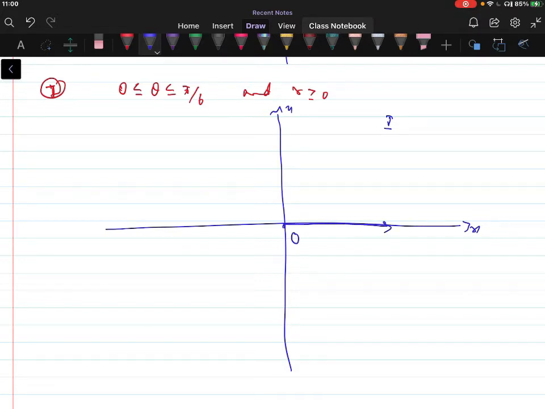So theta varies from theta is equal to 0, which is the initial ray, to theta is equal to pi by 6, a straight line that makes an angle pi by 6 with the initial ray. So theta varies from 0 to pi by 6 here. Then r is positive, r lies in the first quadrant. So we can take r greater than or equal to 0, and it can extend to infinity.